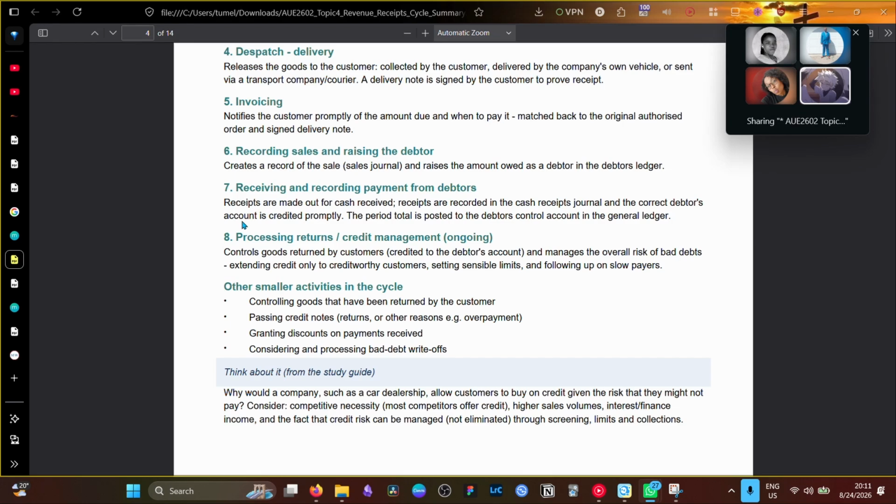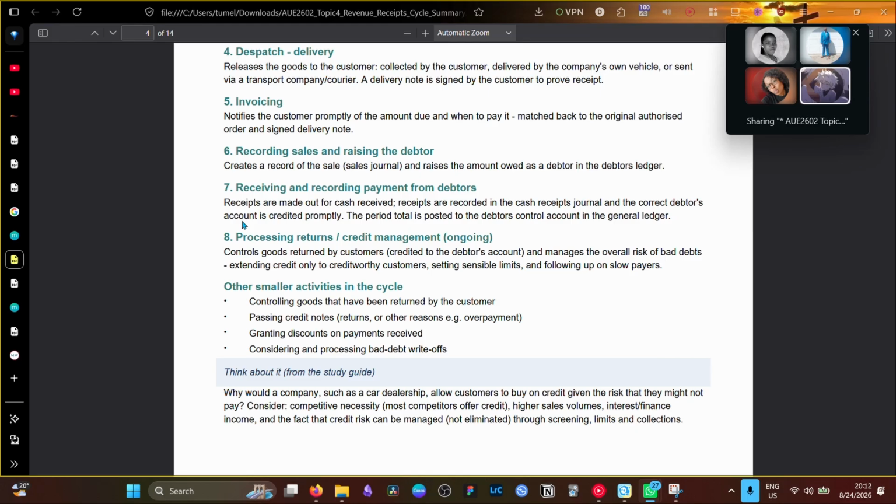What I can add also in number 6 is that what you're going to do here, we're going to increase the sales and also increase the debtors. So when we increase the debtors, we're debiting it. Yes, debit. Why do you debit it?